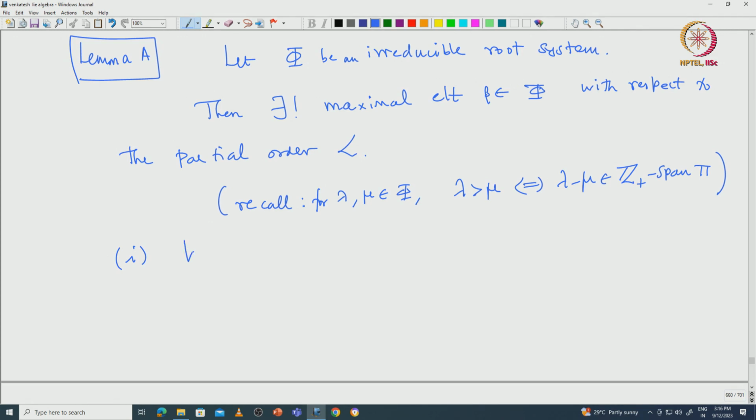What are the properties? If we take the height of beta, with respect to the simple roots pi, then the height of beta will always be greater than the height of alpha for all alpha in phi such that alpha is not equal to beta. The second property: if we take the inner product of beta and alpha, that should be non-negative for all alpha in pi.